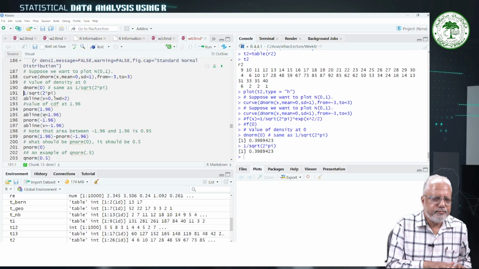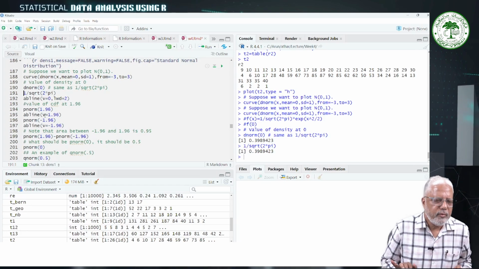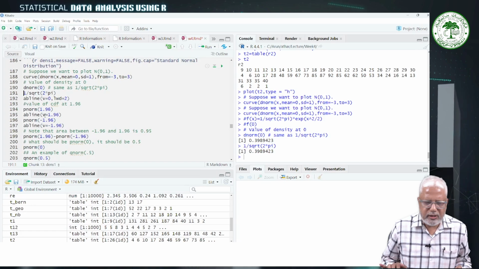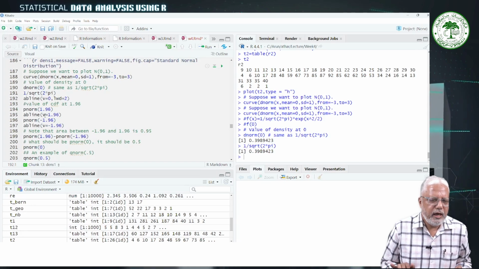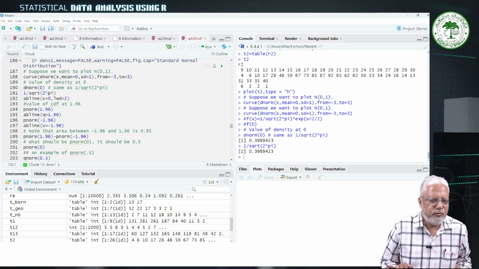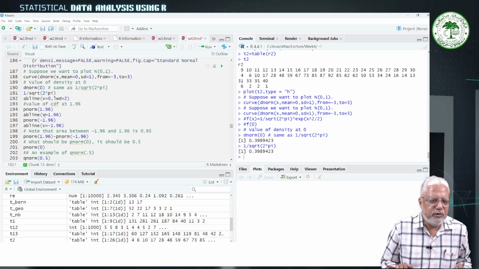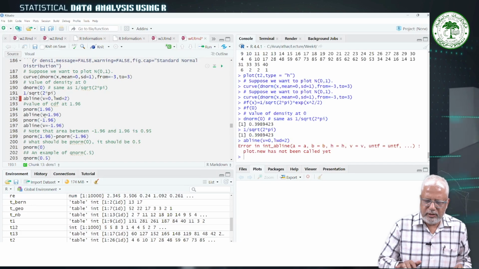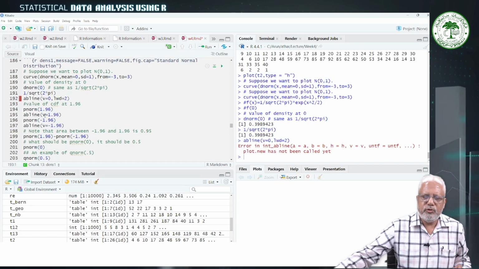Now if we want to draw a vertical line at 0, at the mean of the standard normal distribution, what we have to do? We have to use abline with v is equal to 0, lwd is equal to 2, so we have to run the whole chunk.